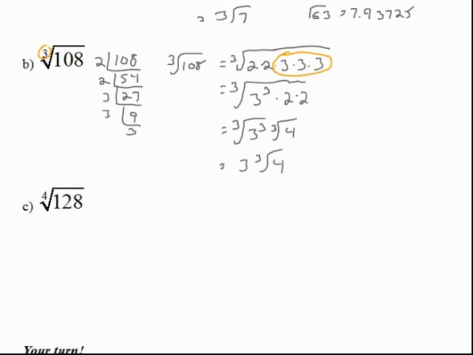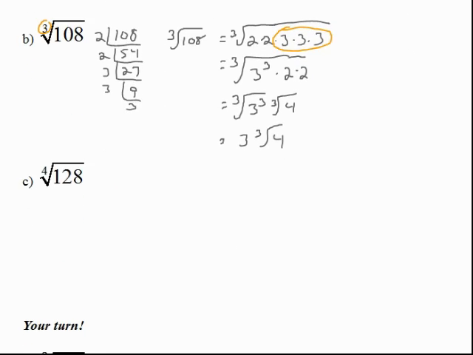One more example. The fourth root of 128. We're going to, of course, factor it again, because that's what you do. 128 is 2 times 64, which is 2 times 32, 2 times 16, which is 2 times 8, which is 2 times 4, which is 2 times 2.